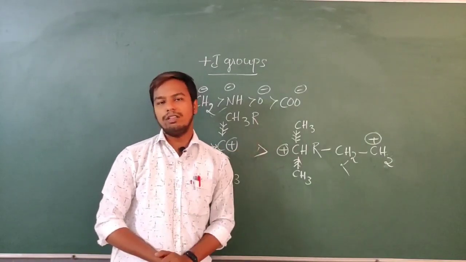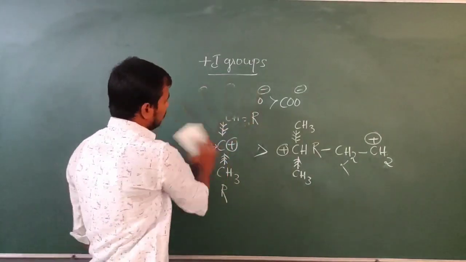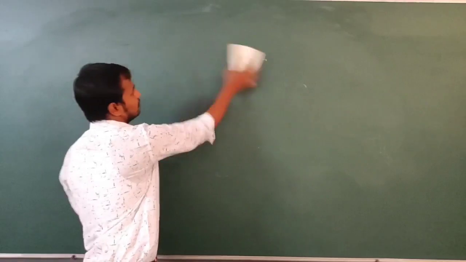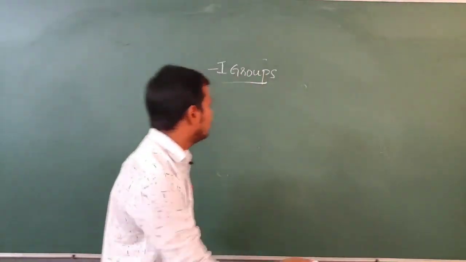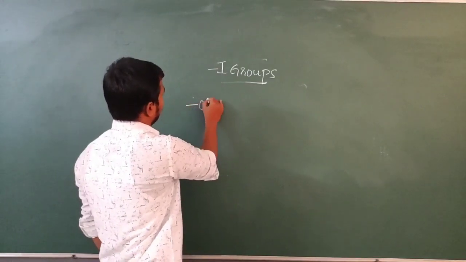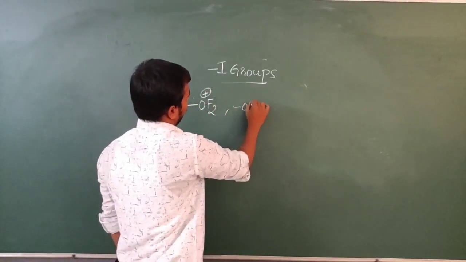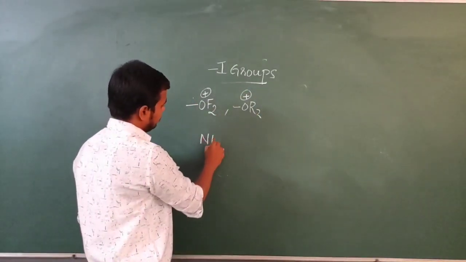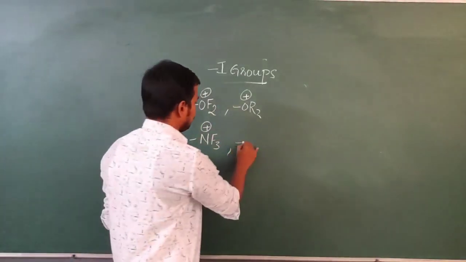Now let's move on to the minus I groups. Let's not make this video big. The minus I groups include OF2 plus, OR2 plus, next nitrogen containing species, that is NF3 plus, bonded NF3 plus, that means ammonium salt.